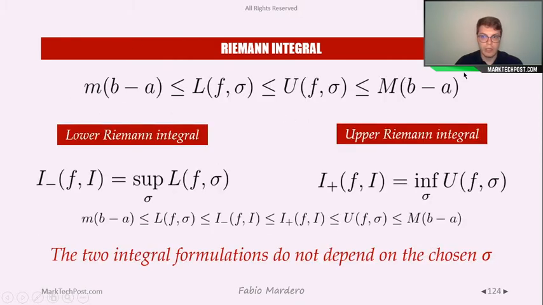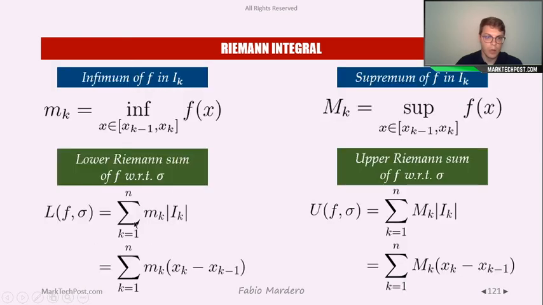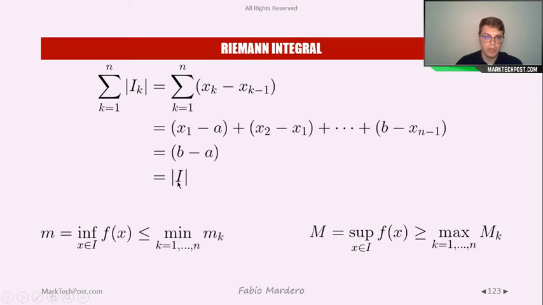We can then write this up, because in here we have the height of this bin times the length, and we multiply by the number of bins. We can rewrite this, taking care of the fact that the sum of the lengths is exactly equal to b minus a, and get these relations.